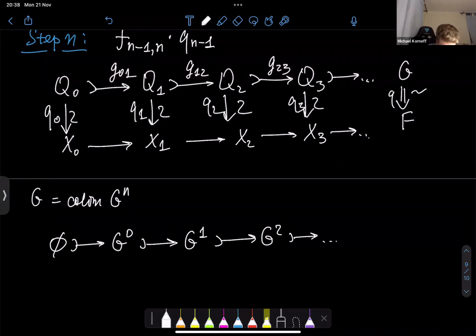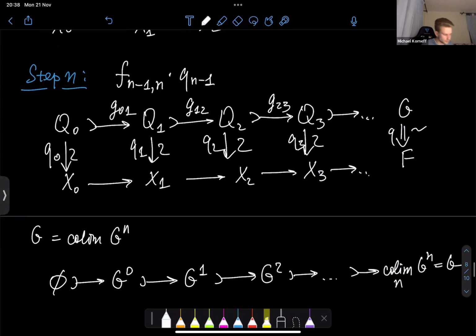And the colimit of the Gn's we will denote as G. Okay, so we know that the class of cofibrations is closed under transfinite compositions, and thus we have just constructed the desired projective cofibrant replacement. Okay.